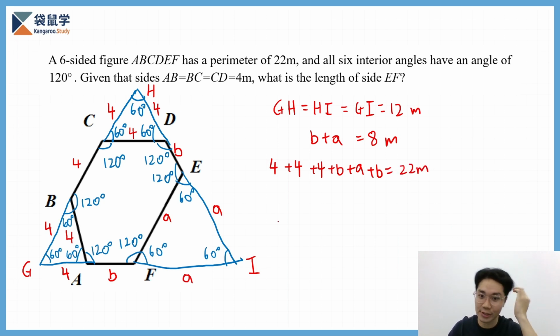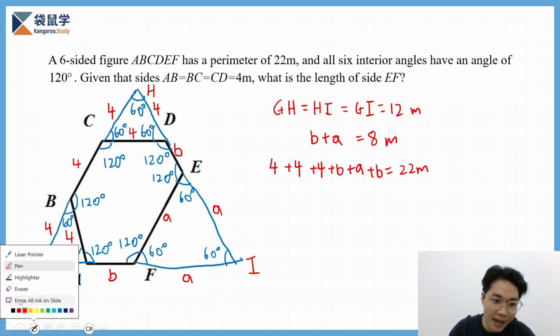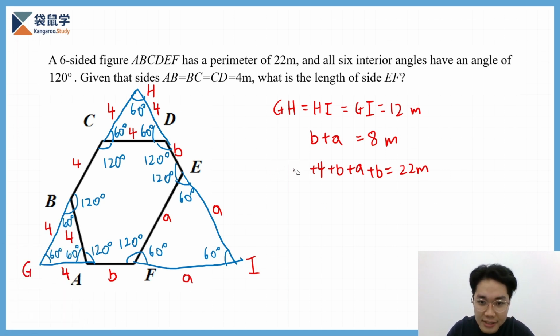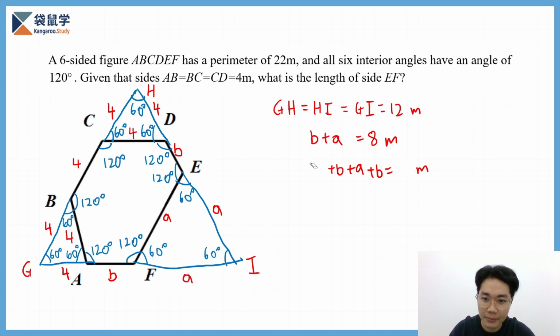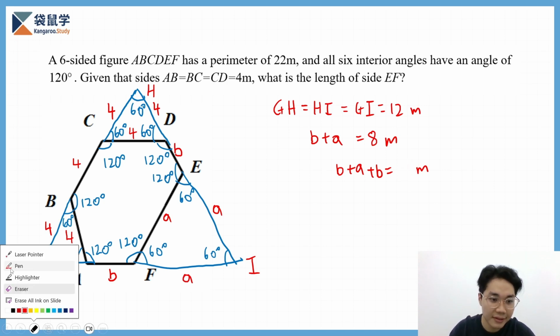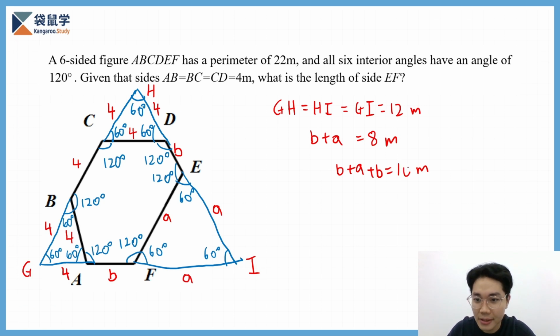Then, similarly, I can remove this 4, and over here it will actually just be 10 meters. So actually 2B plus 8 gives us 10 meters.